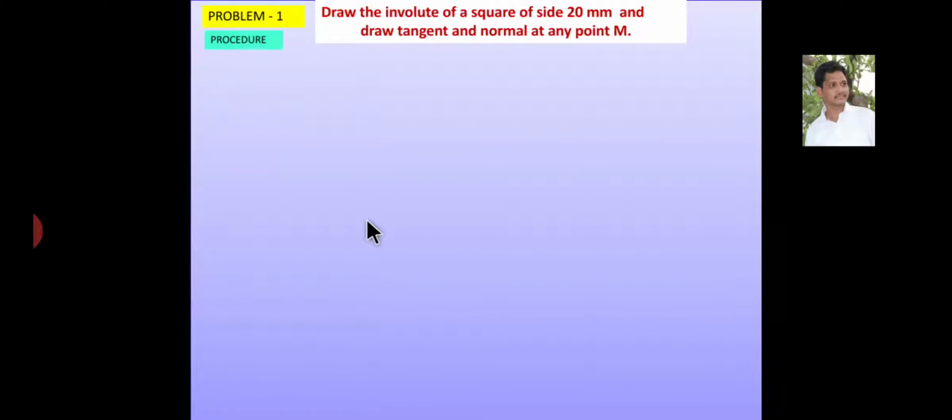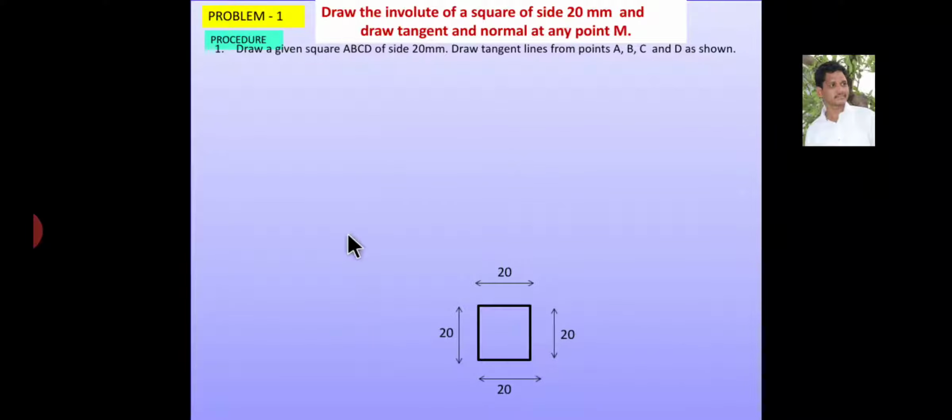So first of all, you have to draw a square ABCD of side 20 mm. First step is to draw the given square ABCD of side 20 mm. Here each side is 20 because it is a square.